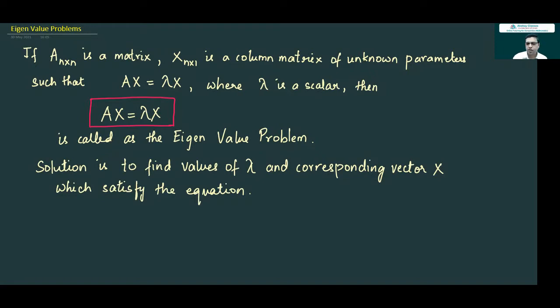All right, so you must have done this problem in your mathematics classes. Can anybody tell what are the applications of this? Before we begin on that, the values of lambda are called eigenvalues or characteristic values.